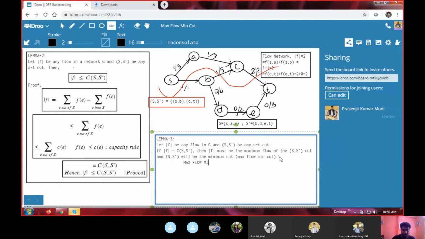Tell you about the max flow min cut theorem. What is the max flow min cut theorem?